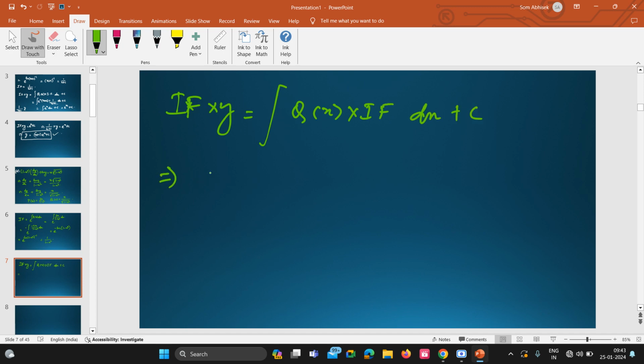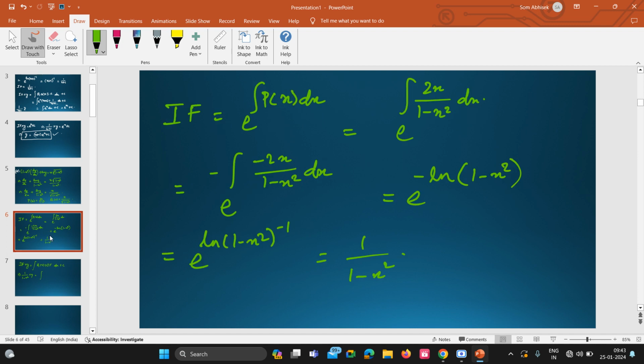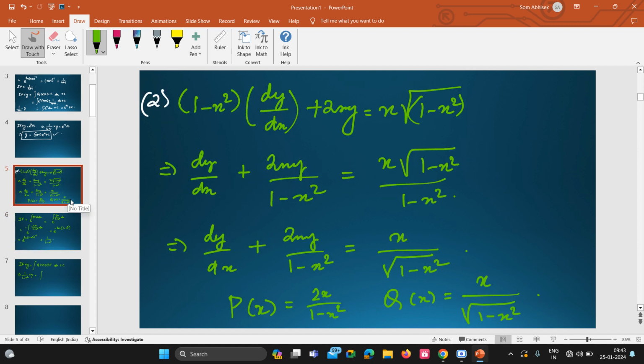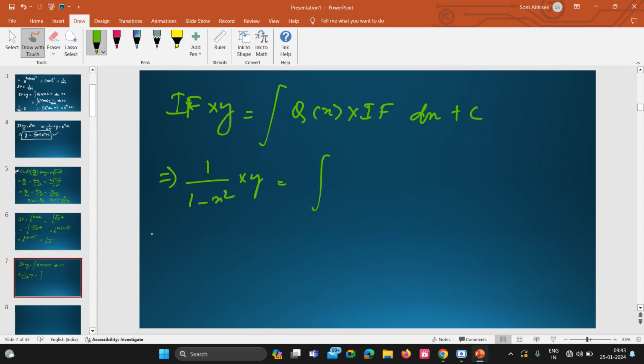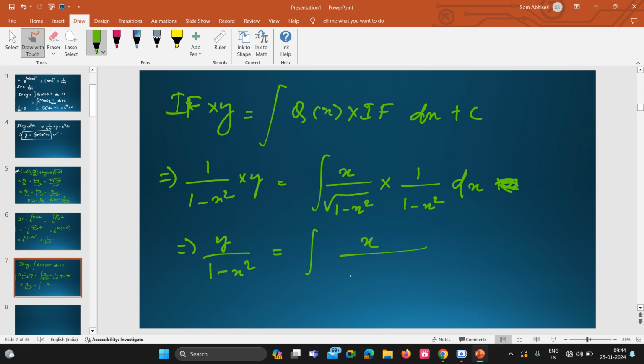What is the integrating factor? 1 by 1 minus x square into y is equal to Q, which is x by root over 1 minus x square, times the integrating factor 1 by 1 minus x square, dx plus c. So y by 1 minus x square is equal to integration of x by (1 minus x square) to the power 3 by 2 dx.